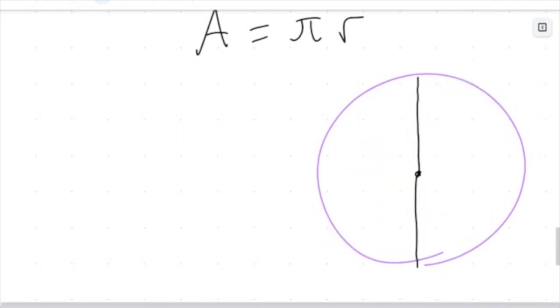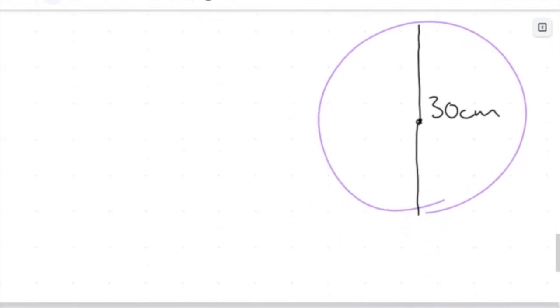This is a pizza slice, and let's say, I don't know, how big's a pizza usually? Let's just say this is 30 centimeters in diameter. Okay, so I've cut my pizza in half, and I want to find the area of the pizza that I'm getting.